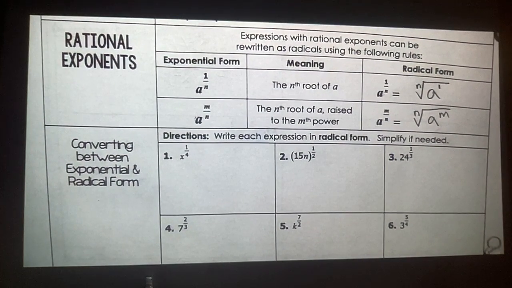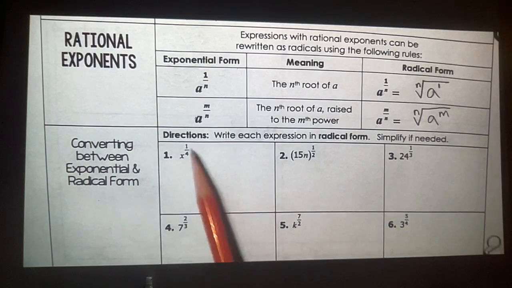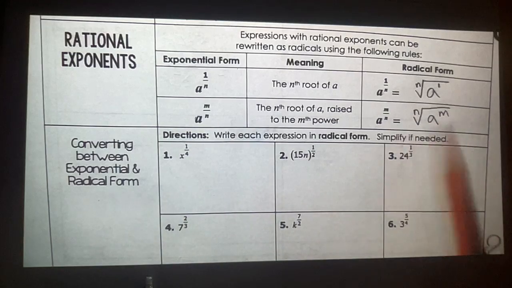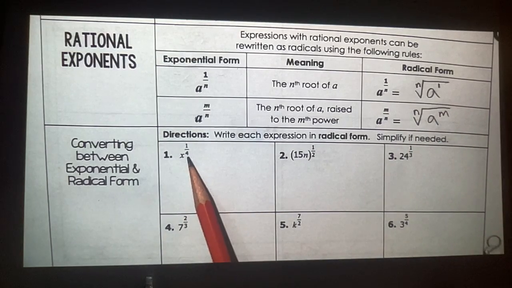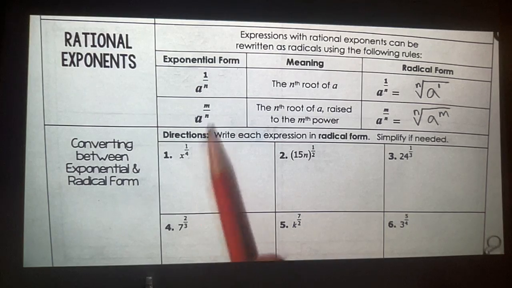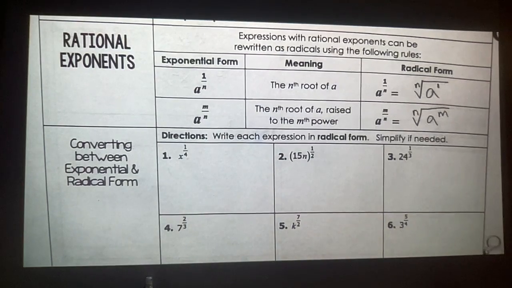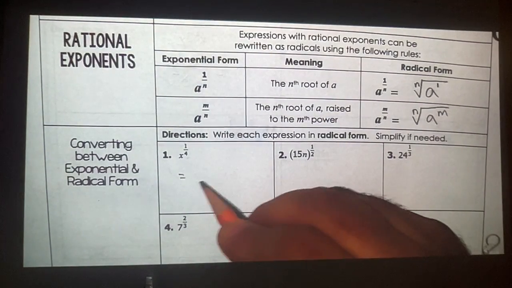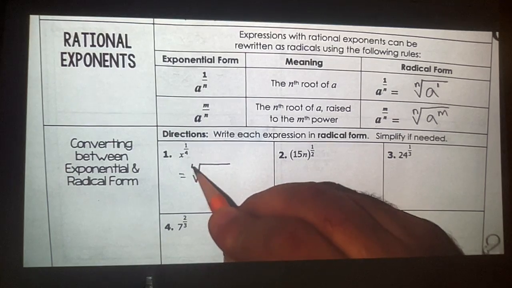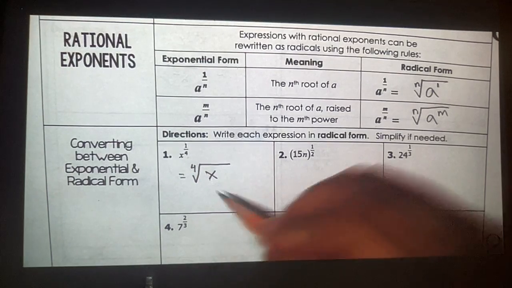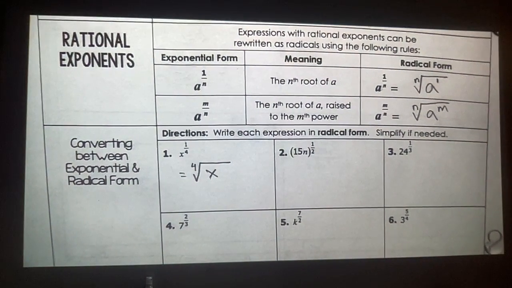So when I have to convert, look at number one, converting between exponential and radical form. When I look here, I'm going to follow this pattern over here. The 4 represents my n. The 1 represents my m. So I can rewrite this as the 4th root of x to the first power.